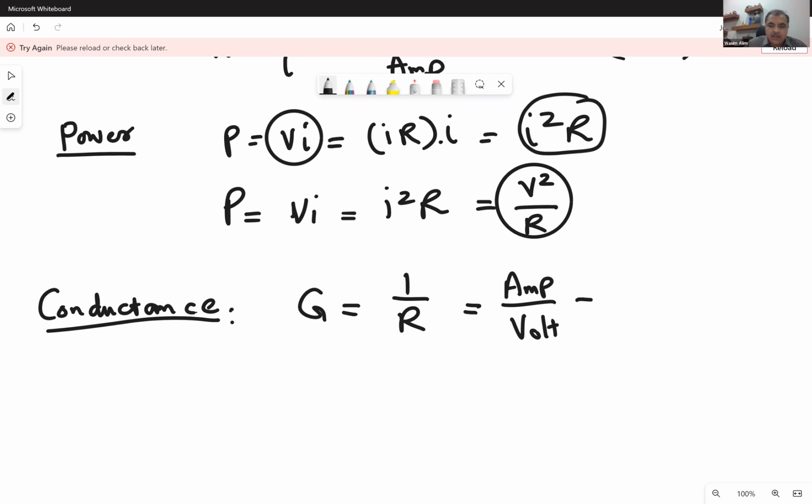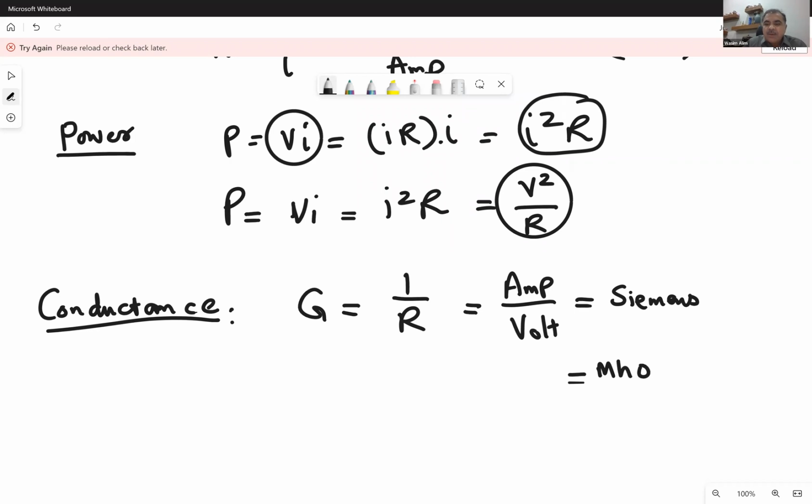In other words, Siemens is one of the units that is used, but one of the other units that is very commonly used is just a reverse spelling of ohms, mho.